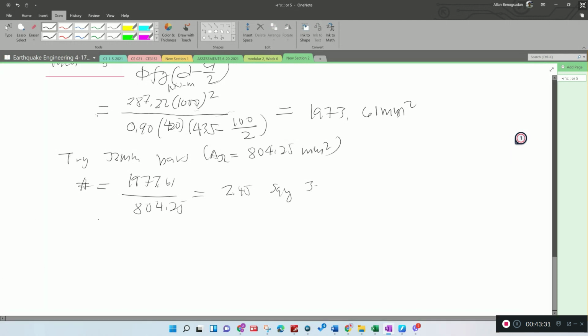Then actual As is equal to 804.25 multiplied by 3, which is equal to 2412.75 mm squared. Now check the assumed a. Check. Why?